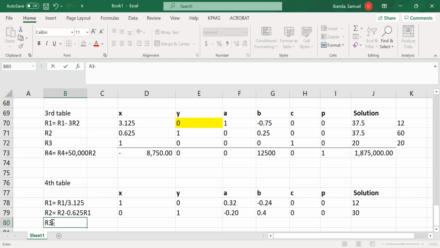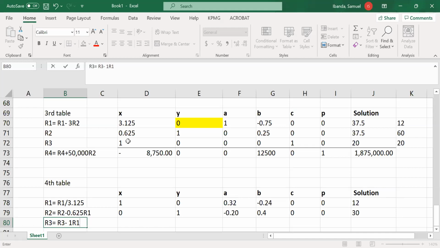R3 will be equal to the old R3, so R3 existing, minus 1 times R1.